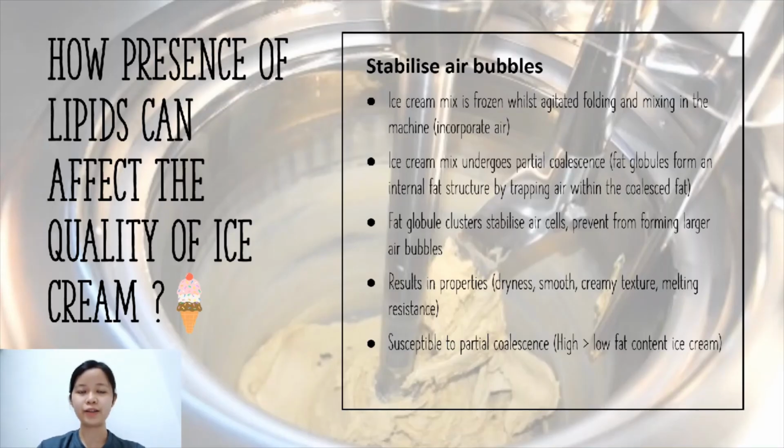Therefore, in the ice cream mix, clumps and clusters of fat globules will form and build an internal fat structure or network by trapping air within the coalescent fat, stabilizing air cells to prevent them from recombining and forming larger air bubbles. This will eventually result in beneficial properties of dryness, smooth and creamy texture, and also resistance to meltdown.